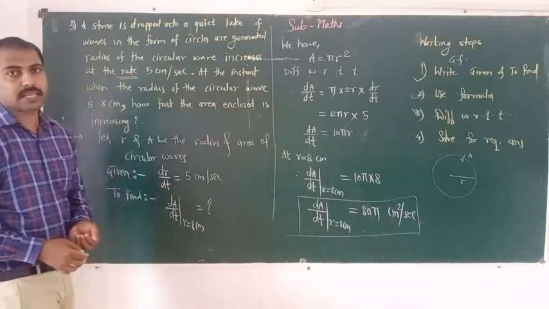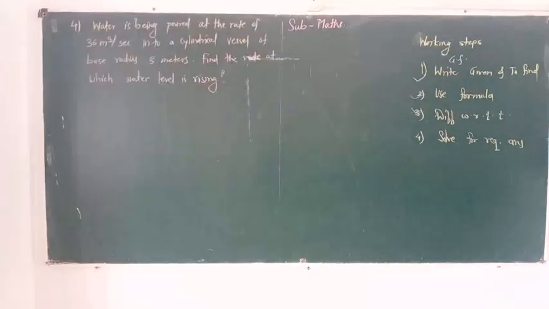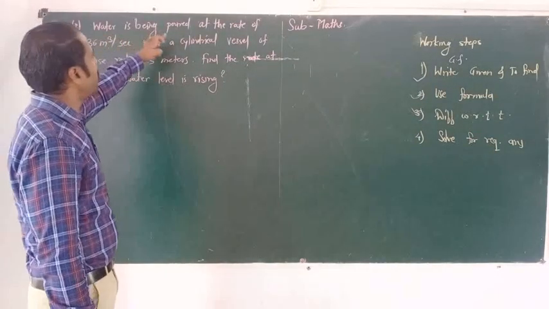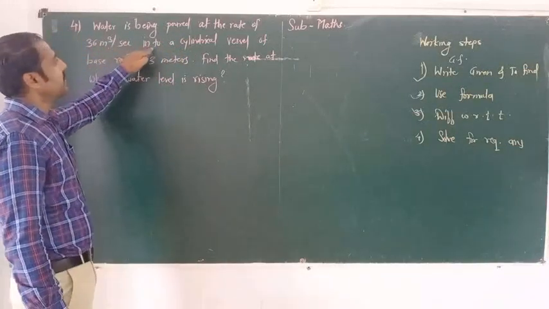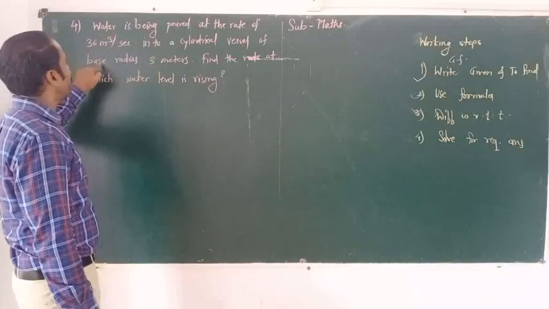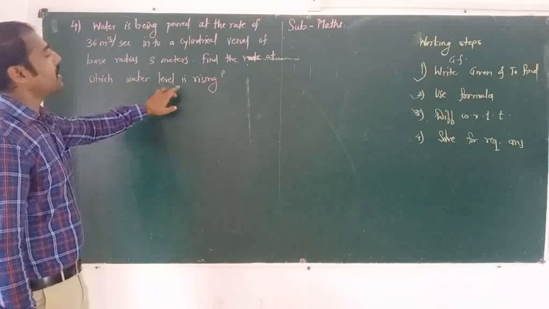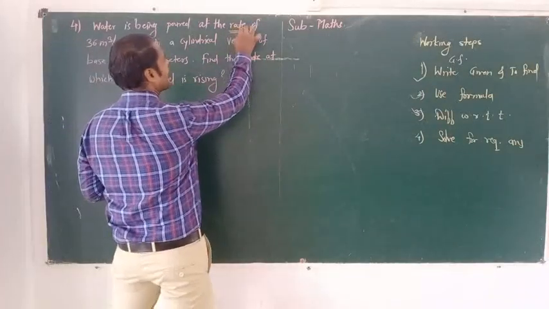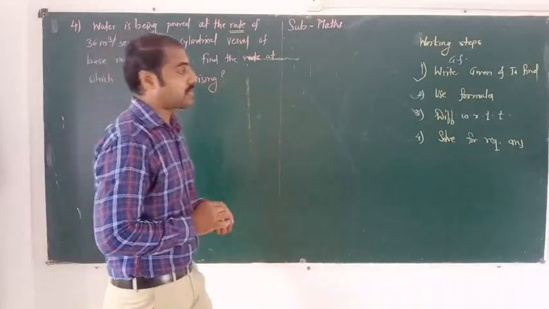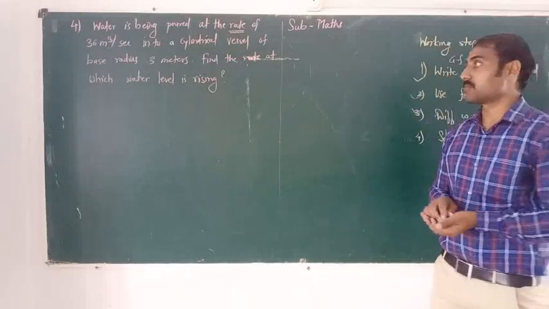Now, next example is: water is being poured at the rate of 36 meter cube per second into a cylindrical vessel of base radius 3 meters. Find the rate at which water level is rising. Look at here, the word rate is in our example, so the example is on derivative as a rate measure.